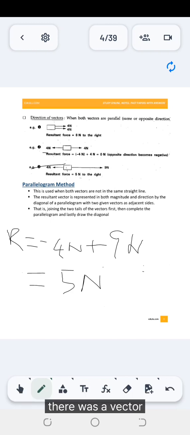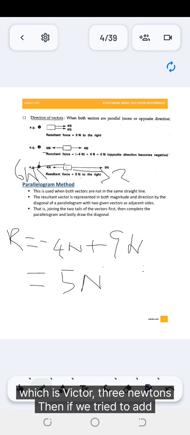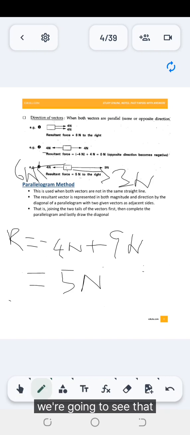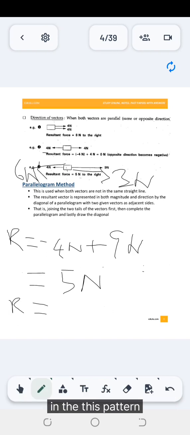If we had another example, where on this side there was a vector of 6 newtons, and on the other side a vector of 3 newtons, then the resultant vector is solved in this pattern.